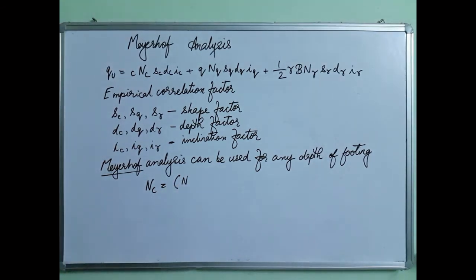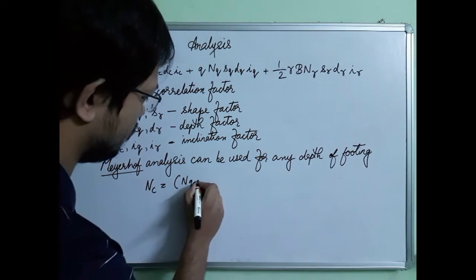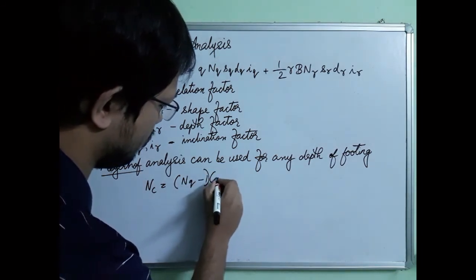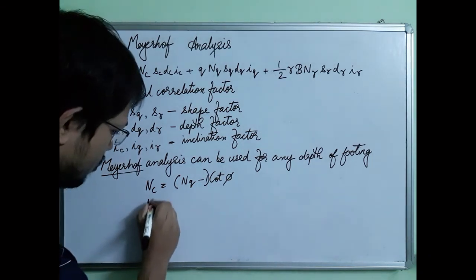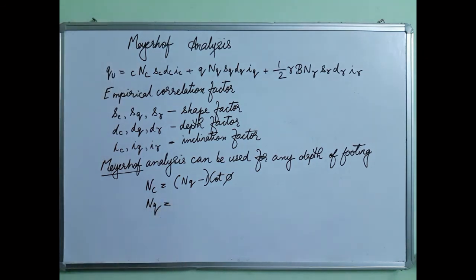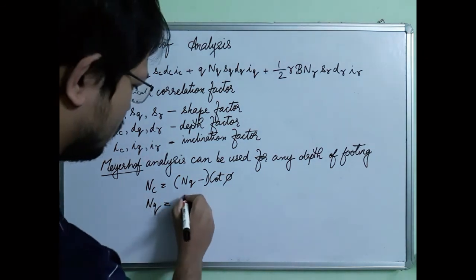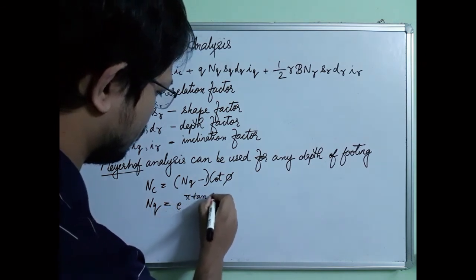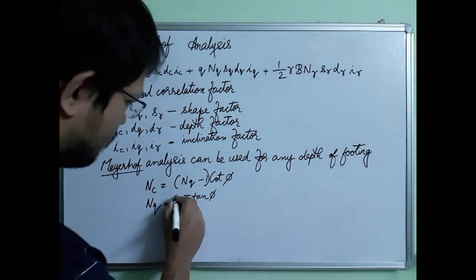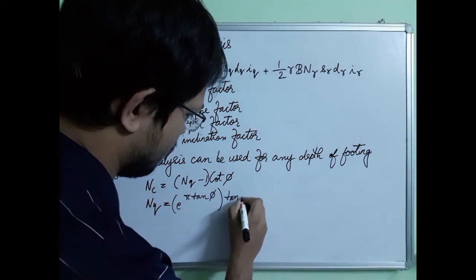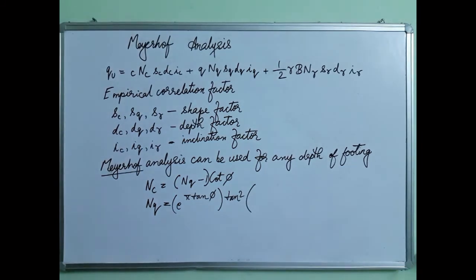Nc will be equal to (Nq minus 1) cot phi. Now Nq is very different. Nq is equal to e to the power pi tan phi times tan square (45 plus phi by 2).